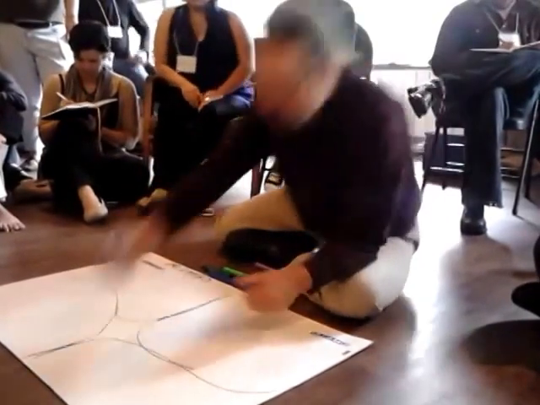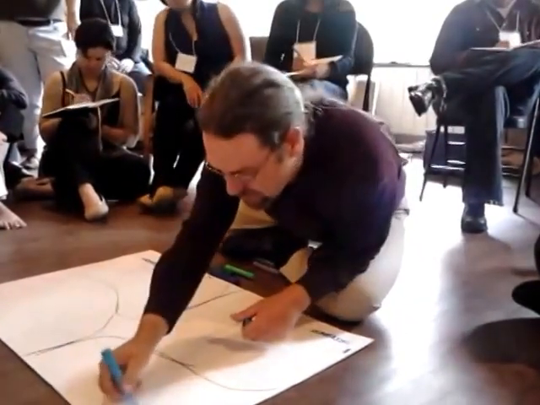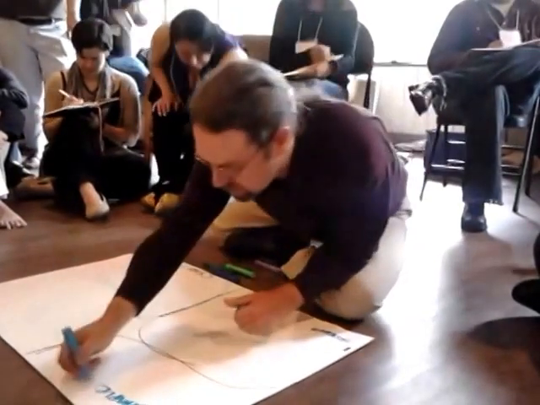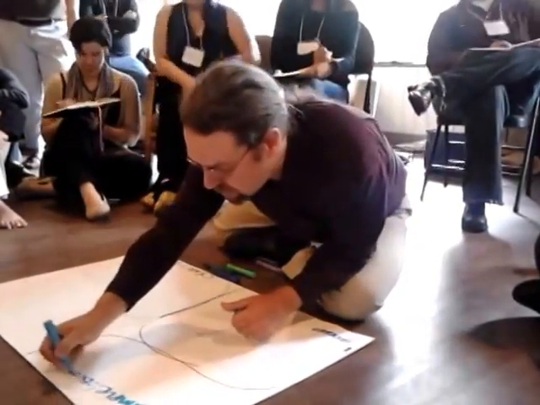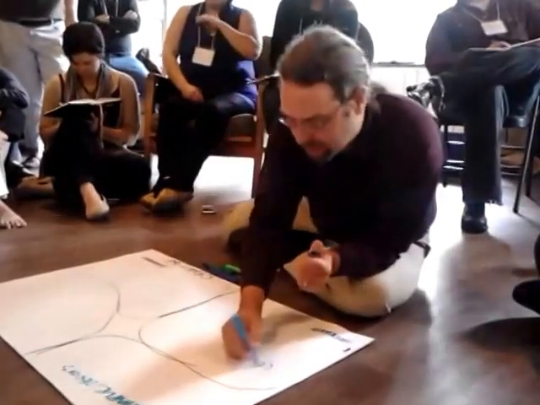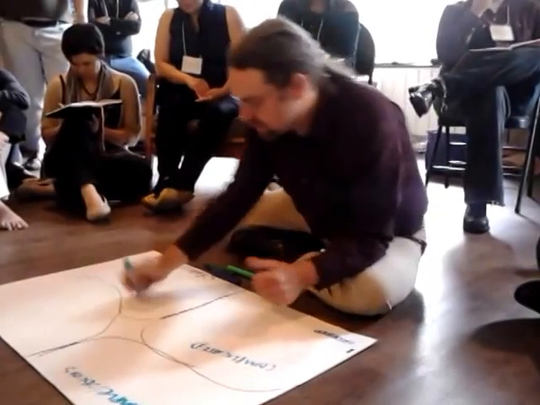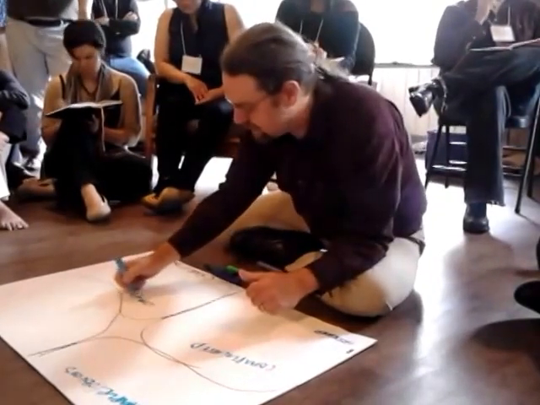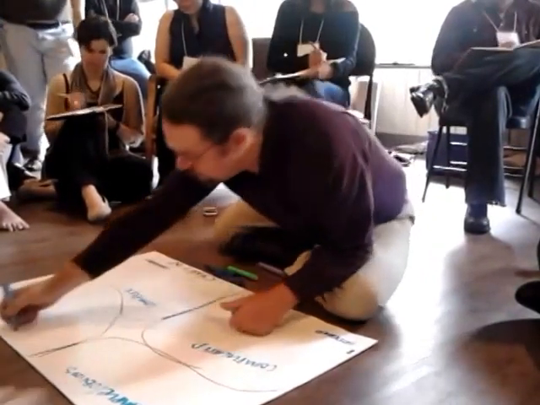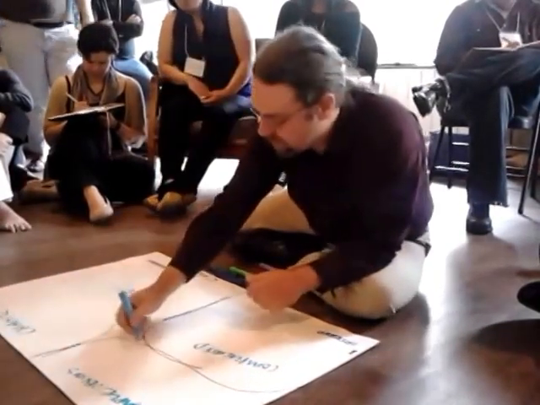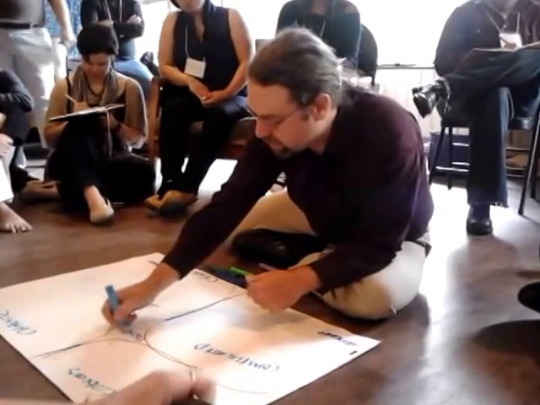So basically, there are 5 domains. This is the domain of simple or obvious situations. This is the domain of complicated situations. This is the domain of complex. This is the domain of chaotic. And this is the domain of disorder.